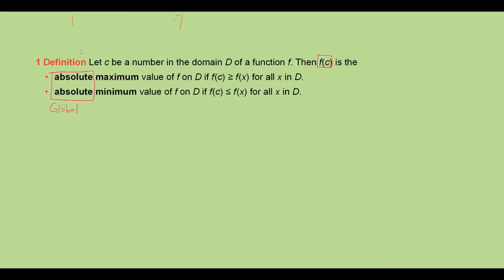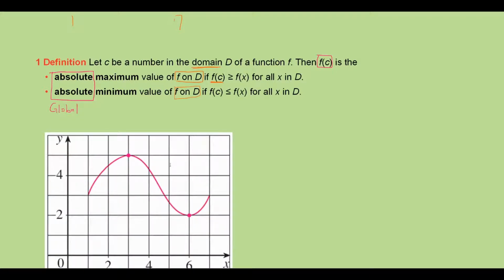Next, let's understand what this part is saying: the value of f on D. Keep in mind that D is the domain. So on the domain of f, if you can find a value f of c such that it's greater than everything else in the domain, then we call that the absolute maximum, just like our previous example right here.